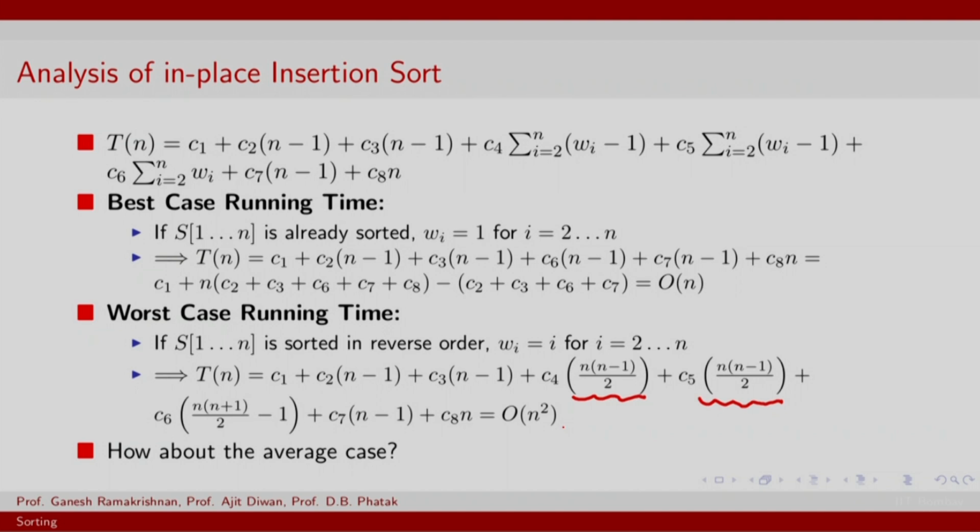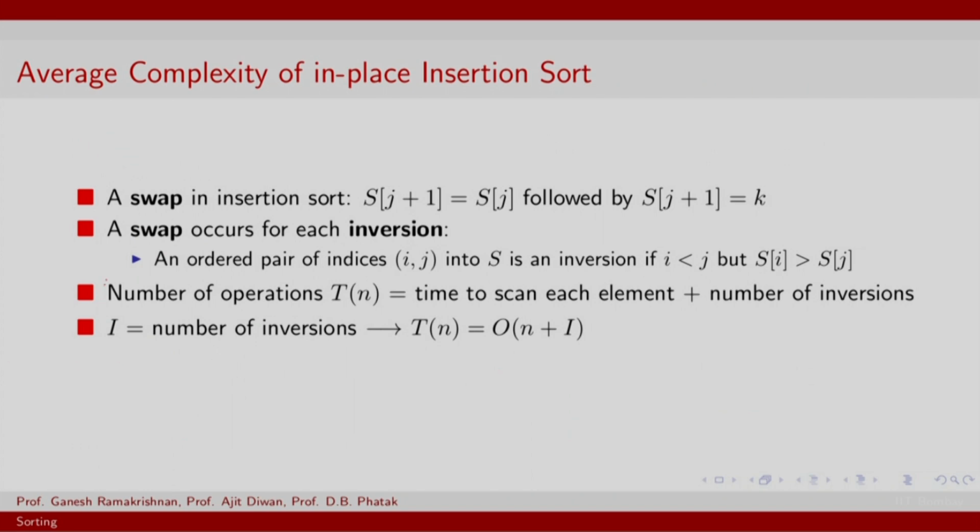To discuss the average case, we will need to understand when exactly insertion sort does a swap. The most critical component of the insertion sort algorithm is a swap. And what is a swap? It is basically saying Sj plus 1 is Sj, followed by Sj plus 1 equals k. So what are we doing?